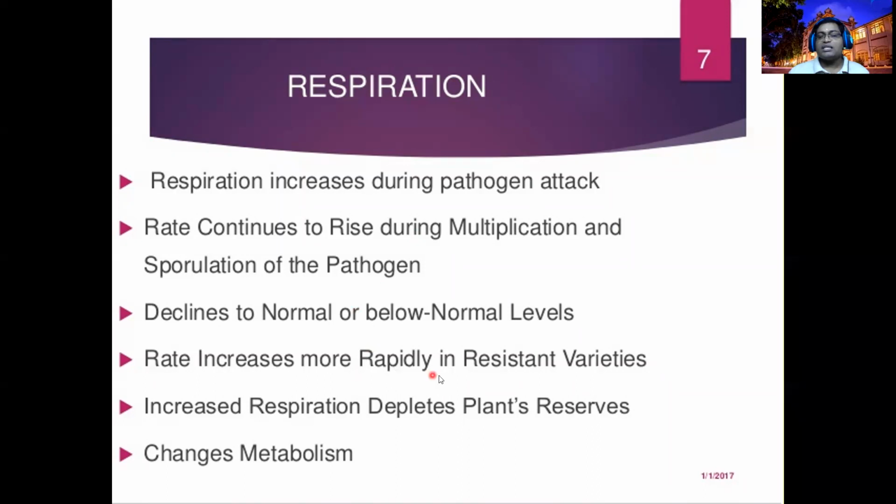Especially in resistant varieties, respiration is higher, and in susceptible varieties, respiration is less. So increased respiration depletes the plant reserves. When the plant reserves are depleted, the yield of the plant will be small. Sometimes it changes the metabolism.